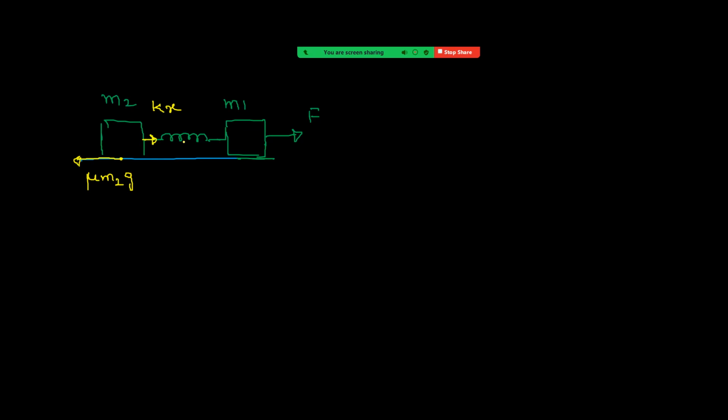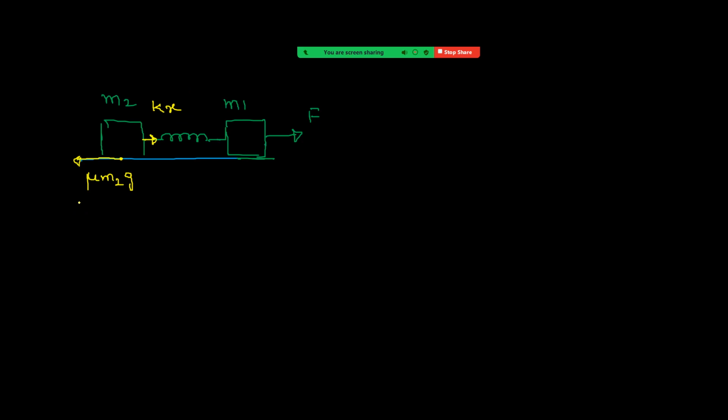For example, if this block is still moving when the other is about to move, the elongation keeps on increasing. Then the spring force dominates limiting friction, and the block comes into motion. That's why, when they ask for the minimum force, when this block is about to move, the other block should come to rest. Okay, let us see.